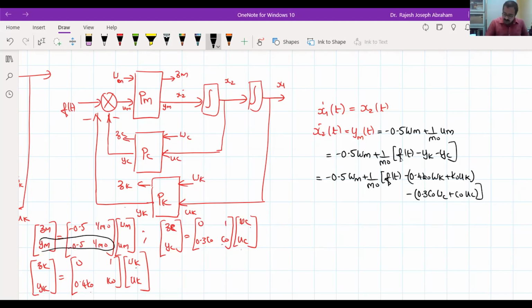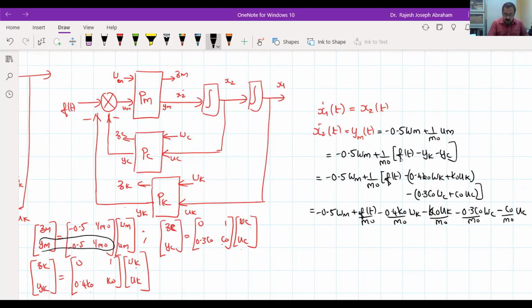Okay, so if we simplify this further, you will get minus 0.5 omega m plus f of t by m naught minus 0.4 K naught by m naught into Wk minus K naught Uk by m naught minus 0.3 C naught by m naught Wc minus C naught by m naught Uc.